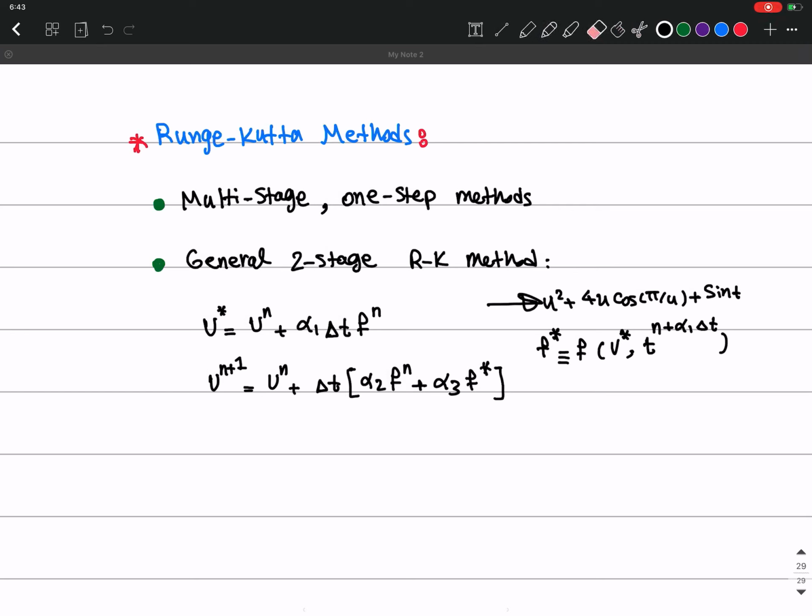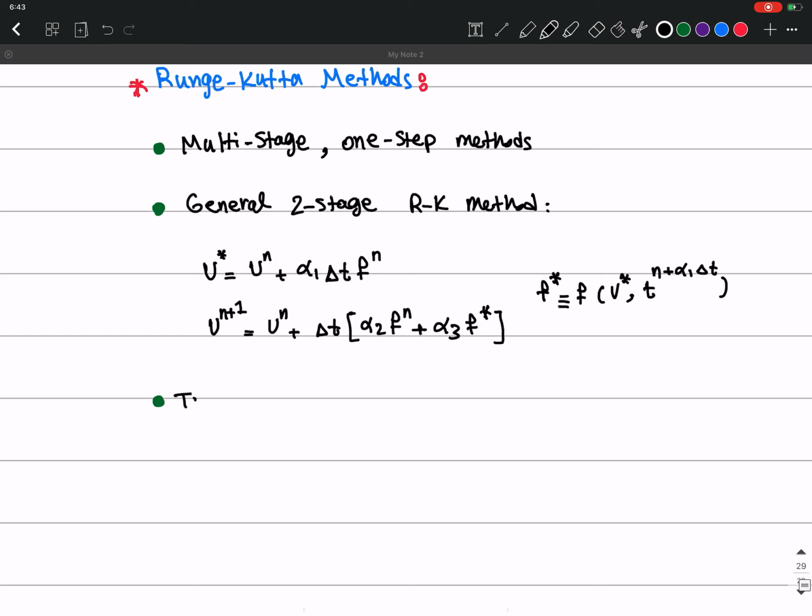Okay, so that is how you calculate U star and F star. So this is the second point for a general two-stage Runge Kutta method.